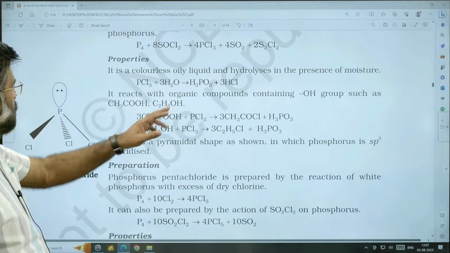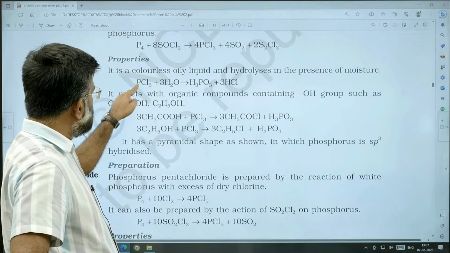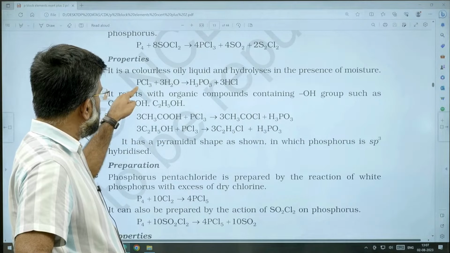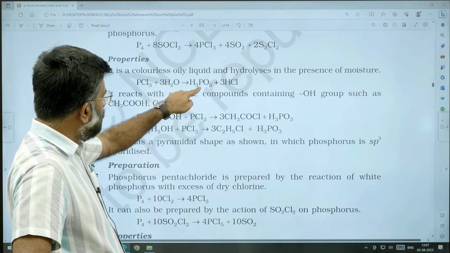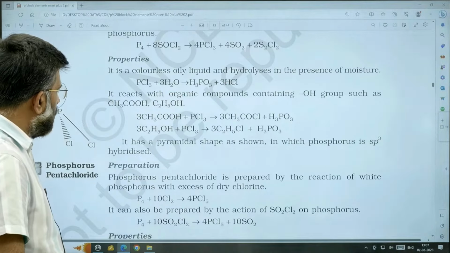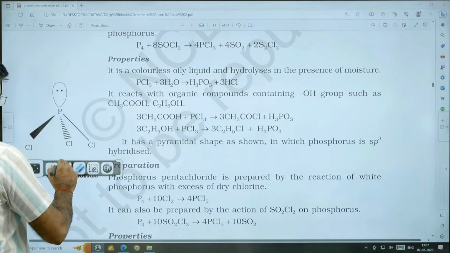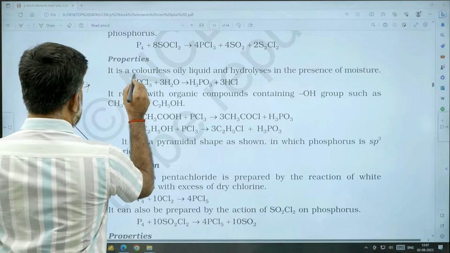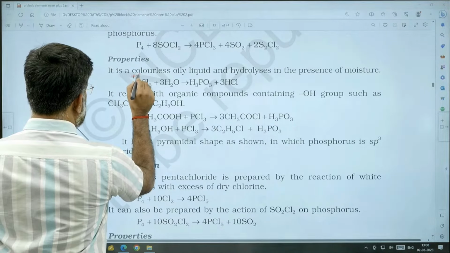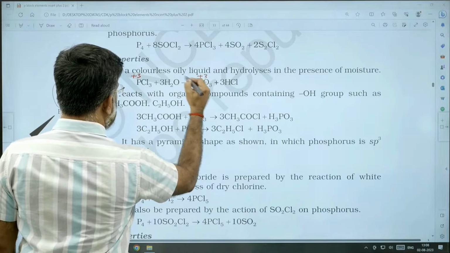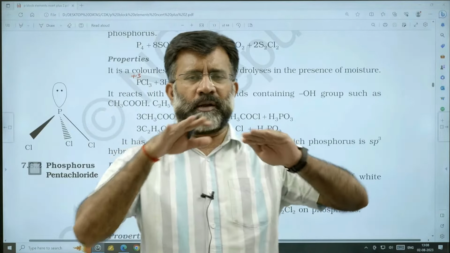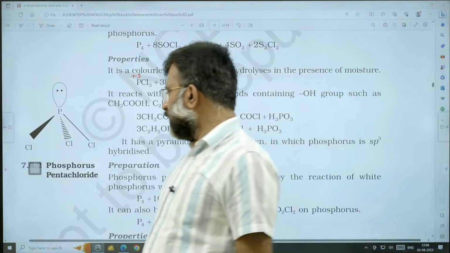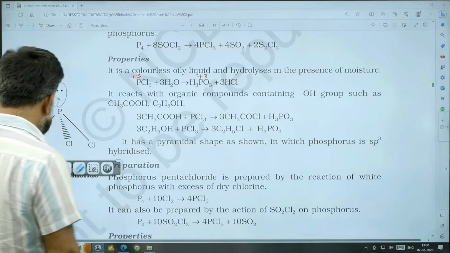In the presence of moisture, it hydrolyzes. PCl3 hydrolysis: PCl3 with 3 water molecules gives H3PO3 and 3 HCl. Here phosphorus is in the +3 state. During hydrolysis, the oxidation number remains the same. That is about PCl3. What about PCl5?